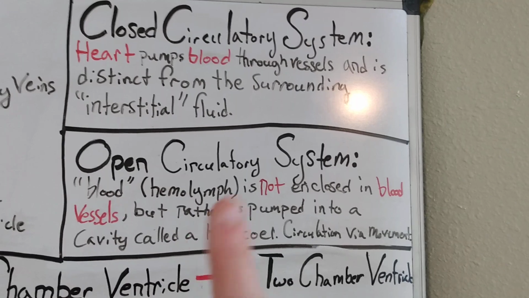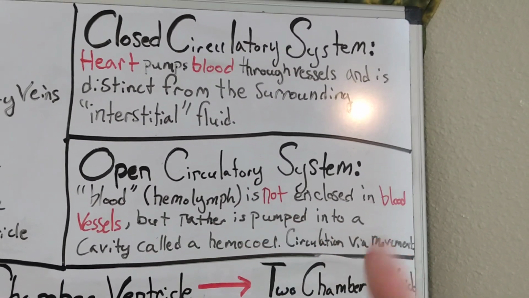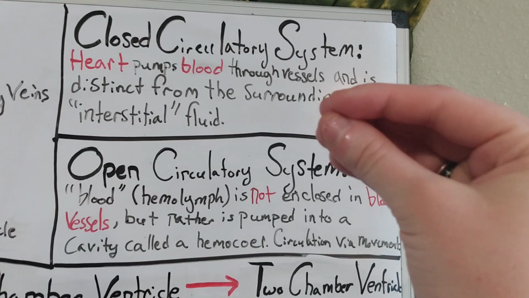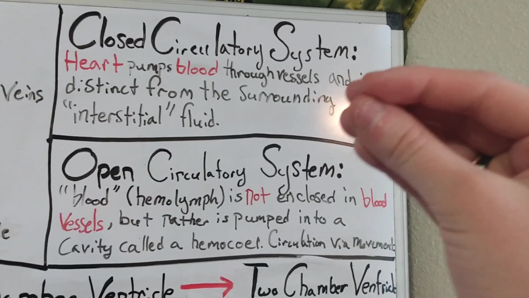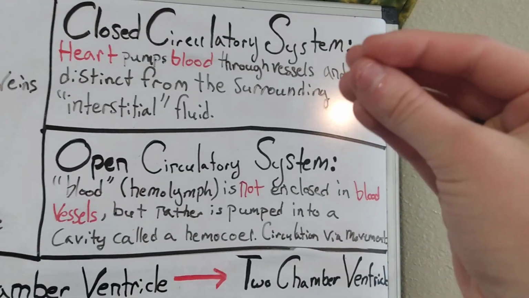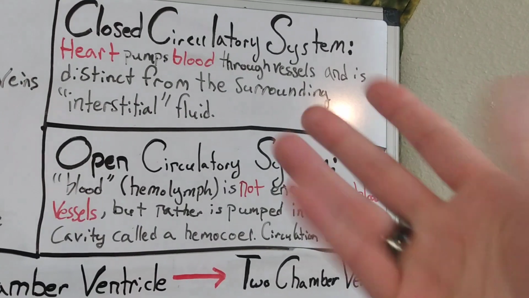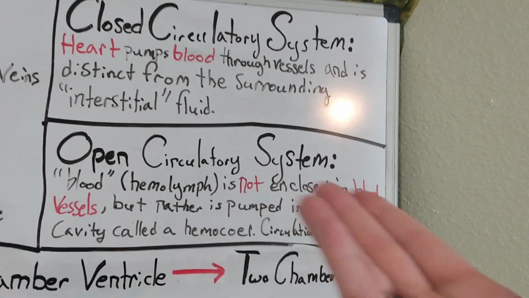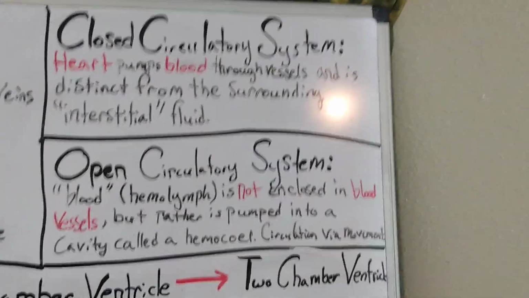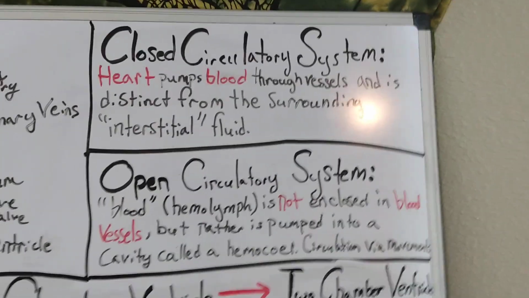Again, don't get caught up on the word hemocoel either. The big thing that we want to note is that in a closed circulatory system, you have a distinction between the interstitial fluid and the blood. And in an open circulatory system, you don't. The blood is just pumped into a giant cavity. All right? So that would be a difference between a closed versus an open circulatory system.